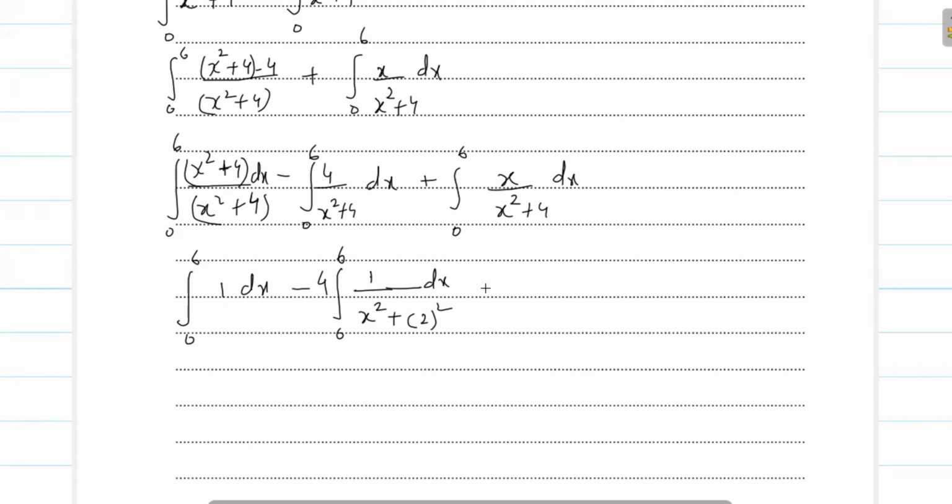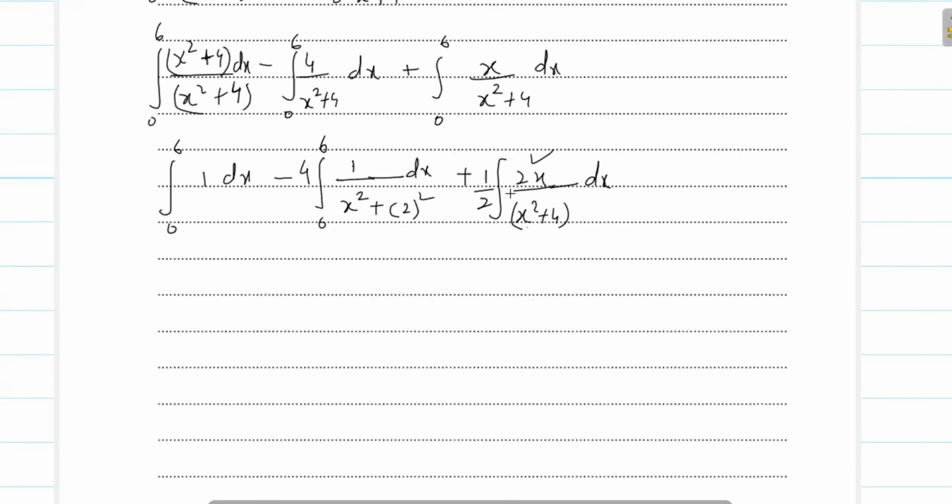This is written as it is, plus we can write this as 1/2 times 2x over x² + 4. We take the derivative of x² + 4. This derivative is 2x. Therefore, we multiply by 2 and divide by 2, and this is the derivative of the denominator. We can calculate the integration of this value.